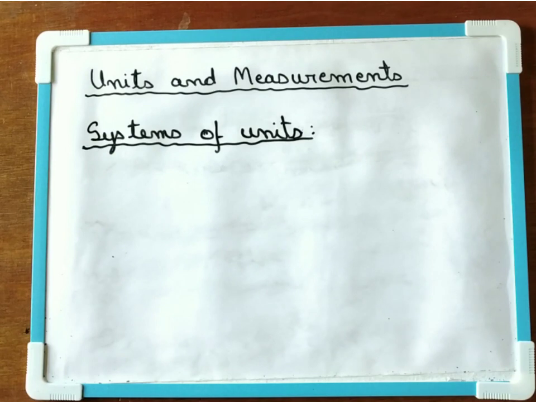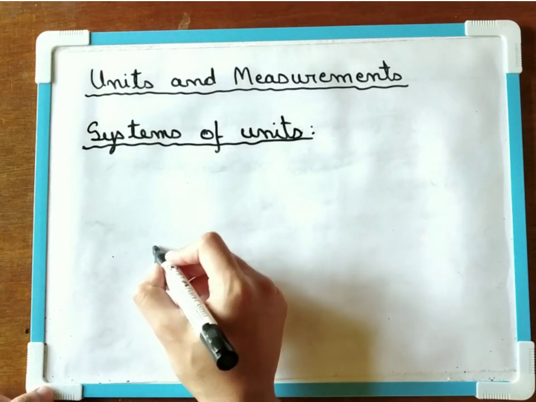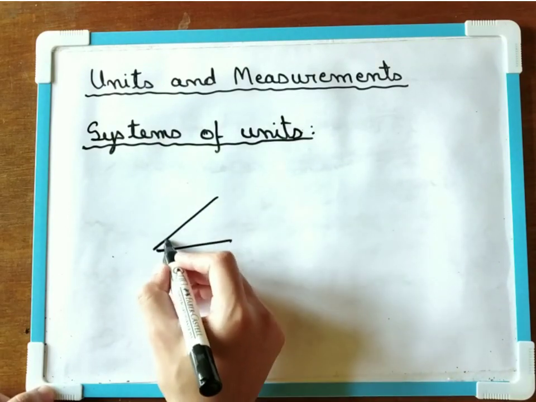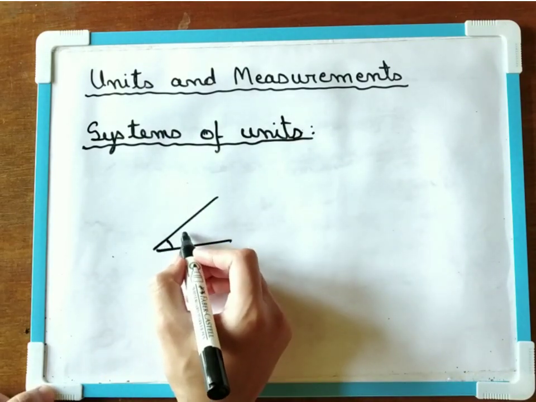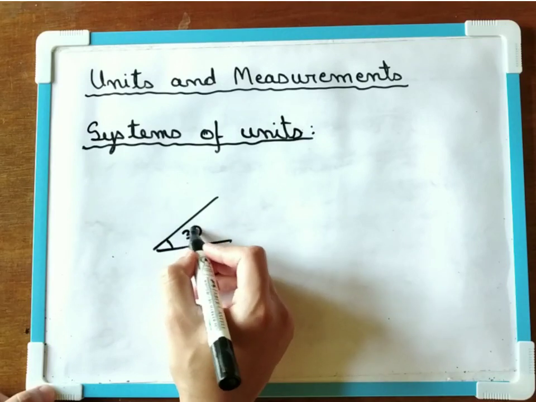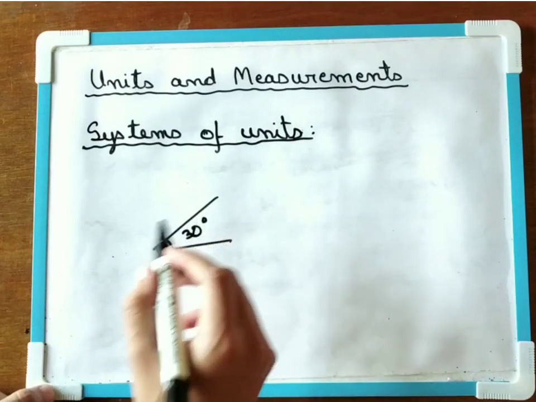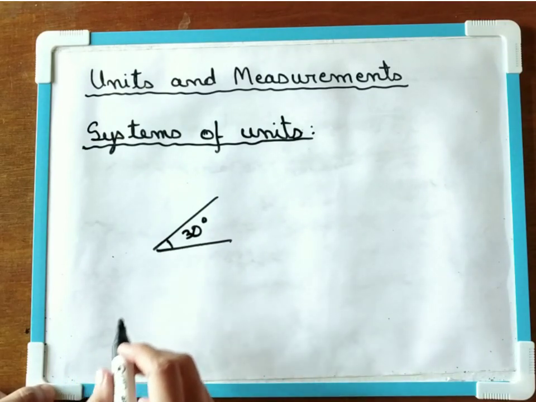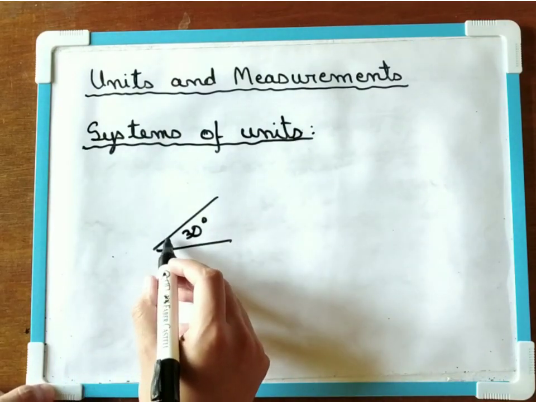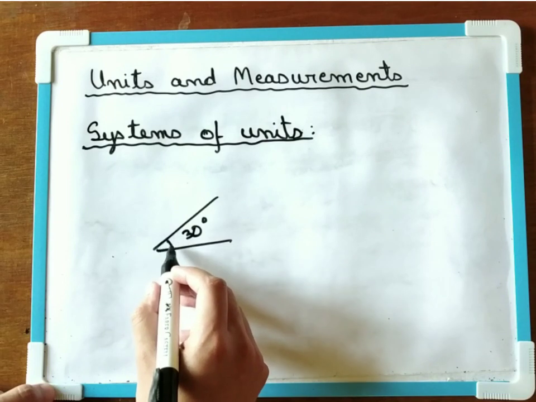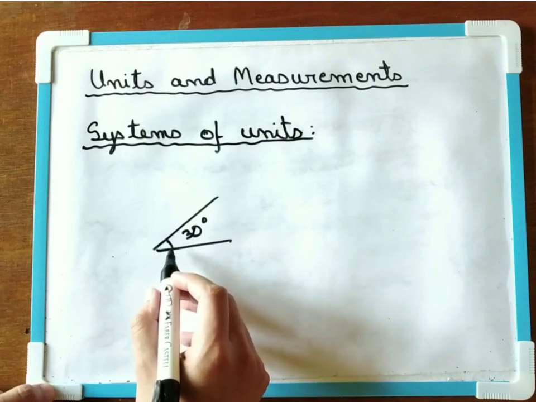Now in lower classes, you must have measured the angle between 2 lines in terms of degree. Say this is probably around 30 degrees. So the angle between these 2 lines is in terms of a unit degree. But in SI unit, we have to measure this angle, which is also known as the plane angle, in terms of radian.